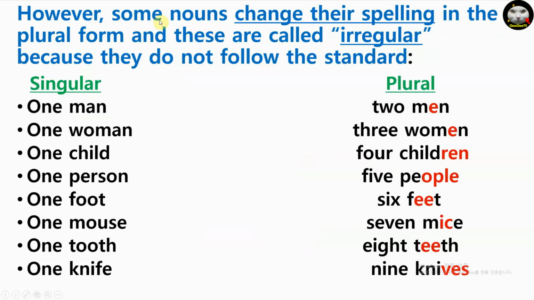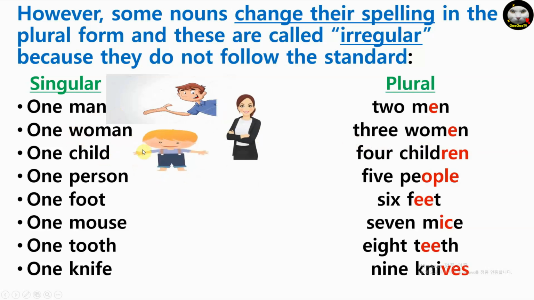However, some nouns change their spelling in the plural form, and these are called irregular because they do not follow the standard. So in the singular form, one man, but in the plural form the spelling changes to men. One woman, three women.